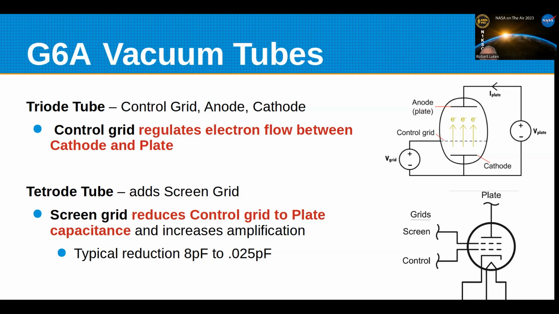So they came up with adding additional grids, which they call screen grids. In some cases, there's three. And those allowed them, by applying different voltages, to reduce the amount of capacitance so they could operate at higher frequencies.